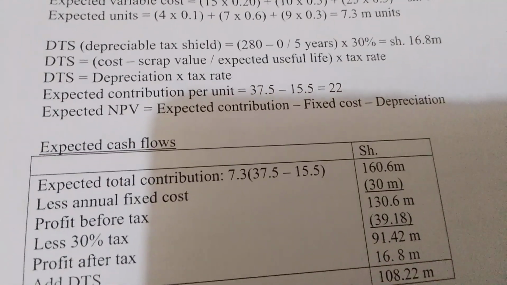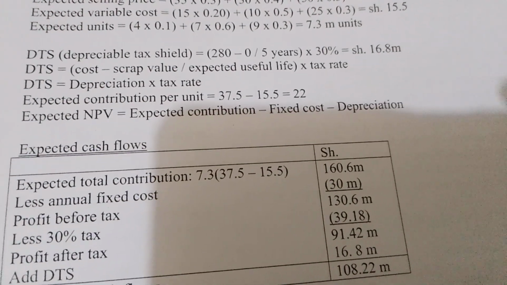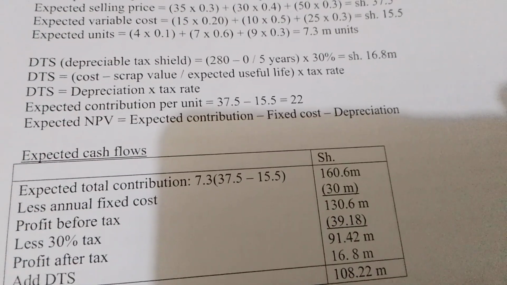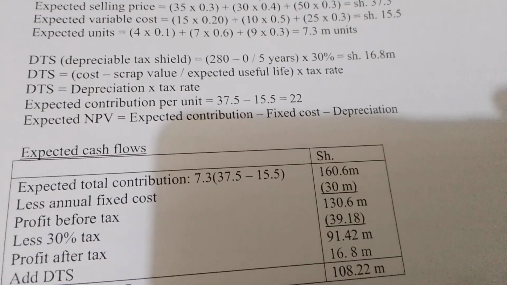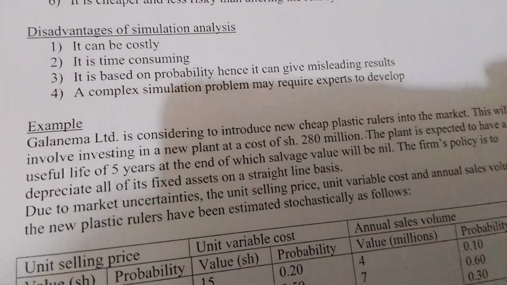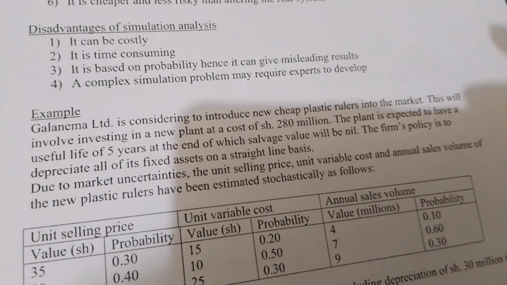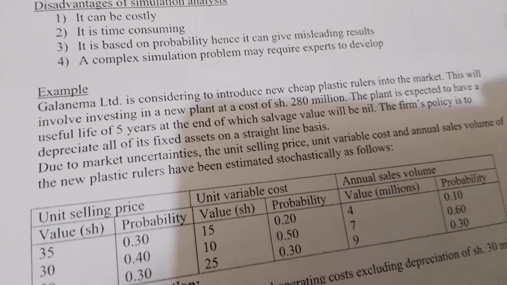So basically, depreciation tax shield is given by depreciation times tax rate. In this case, you have to calculate your depreciation by taking the cost. We are told the cost of this asset was 280 and the salvage value was, you're told Galanema Limited is considering to introduce new cheap plastic rollers into the market.